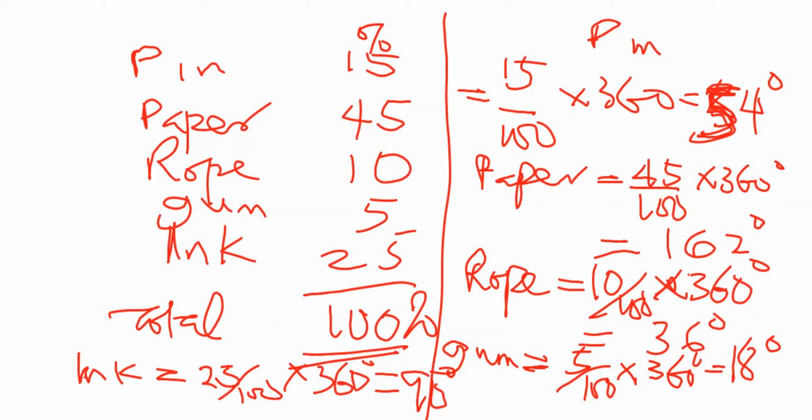Roman figure 3 says if the total material is 12,000 units, how many units of ink are required? So that one, we must solve on the board to show you. First of all, I start with the pie chart. So you use your protractor. This is Roman figure 1.